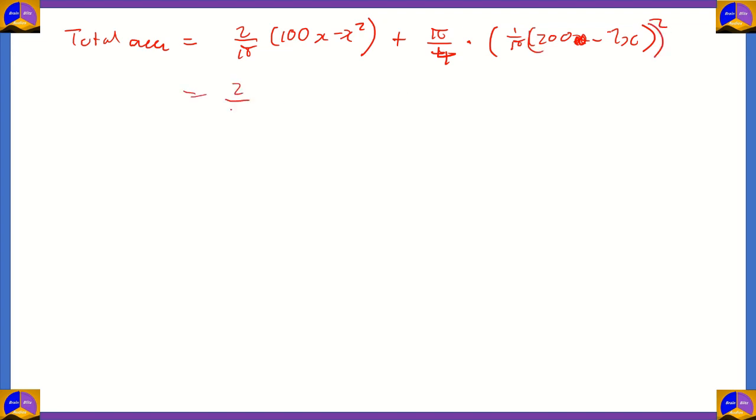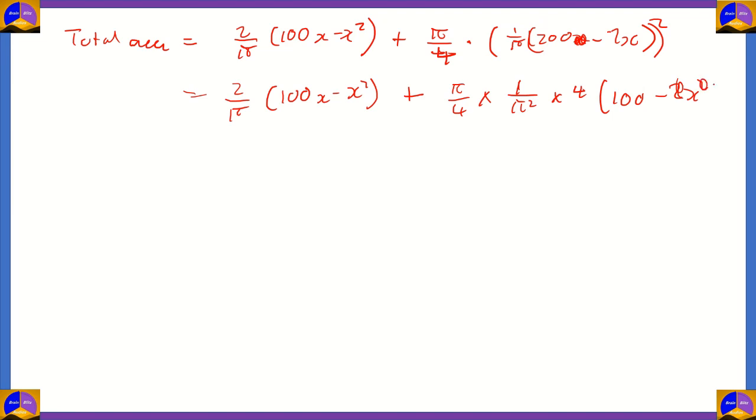So now we get 2 by pi into 100x minus x squared plus pi by 4 into 1 by pi squared into, taking 2 squared outside from both the terms, 4 into 100 minus x, the whole square.